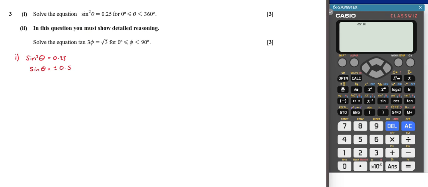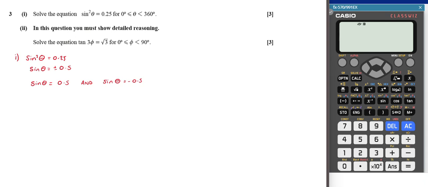Plus or minus is really common for people to forget, so you do need to make sure you've got both of those, and we're going to solve both of those at the same time. So sine theta is 0.5, and, not or, because both of these are true at the same time, sine theta is minus 0.5.